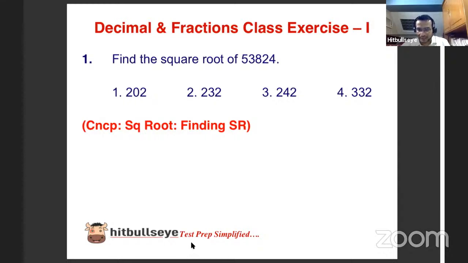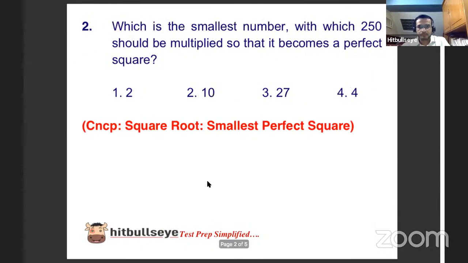Okay, Tejas is saying second option. Okay, 30 seconds over, team. Let's go to the next one. Quick 30 seconds for question number 2. Last 10 seconds.